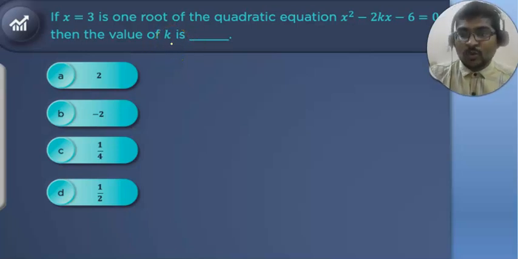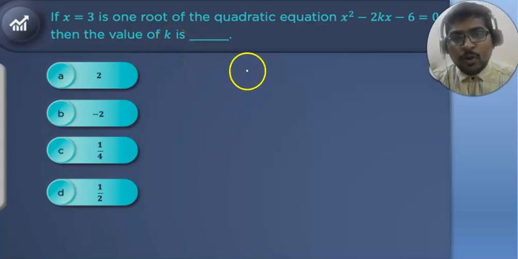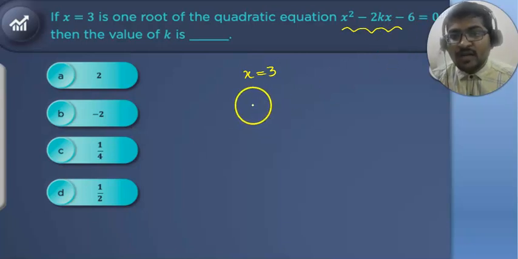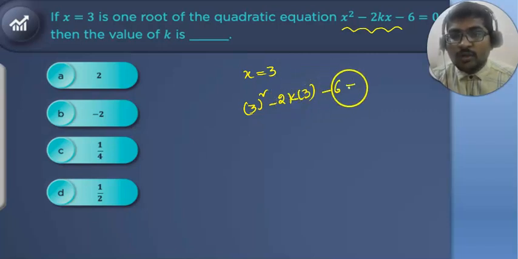Already discussed this problem, right? So put x equal to 3 in this quadratic equation. So 3 square minus 2k into 3 minus 6 equal to 0.